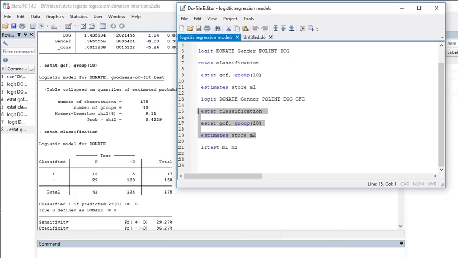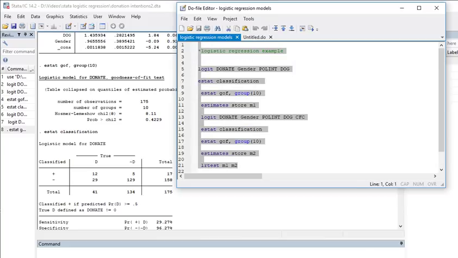Once I've stored the estimates from both models, I can use the LR test, which is the likelihood ratio test, to test the difference between model 1 and model 2 and see if there is value added in adding in the predictor in a hierarchical way. So I'm going to highlight all of this and click on this little button right here for execute selection.